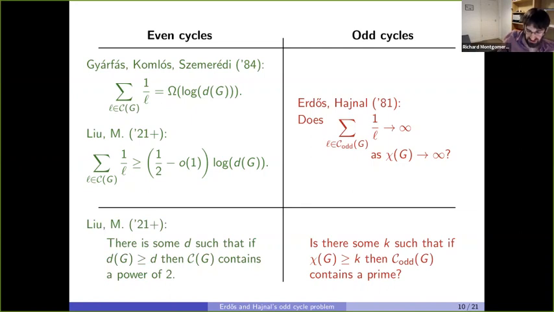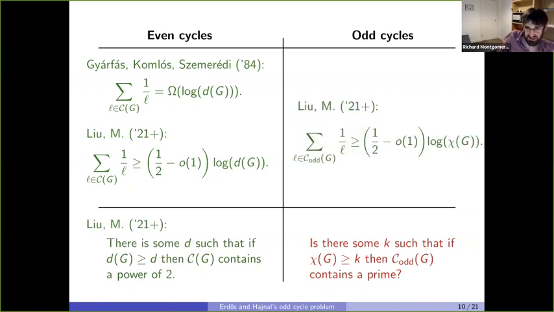And we also get an asymptotically optimal lower bound on this density function of the reciprocals of the odd cycle lengths based on the chromatic number. And we can also show that with high chromatic number, we must have a cycle of prime length. I put 21 plus on these. We put the paper on the arXiv at the end of last year at some point.